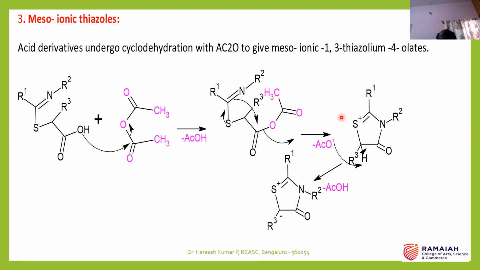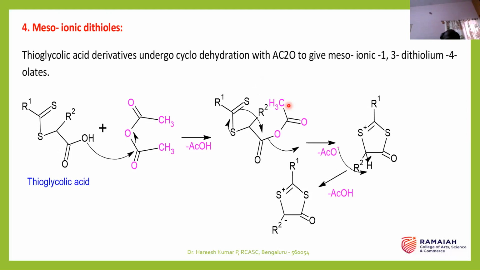So that is how an intermediate is formed. The acetoxy picks up this proton, and this bond pair will convert into an anion. So that is how the thiazole, a 5-membered ring, and a meso-ionic compound is obtained. So with this, I will go to the next slide.